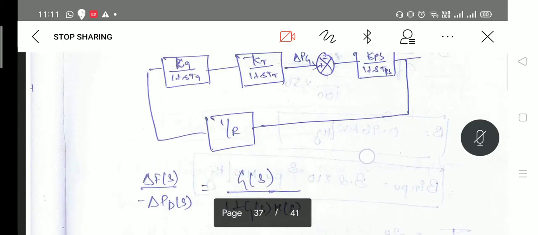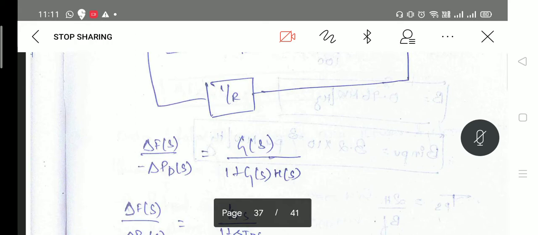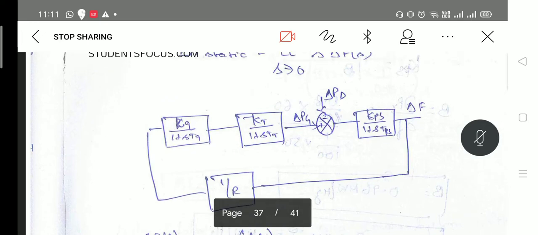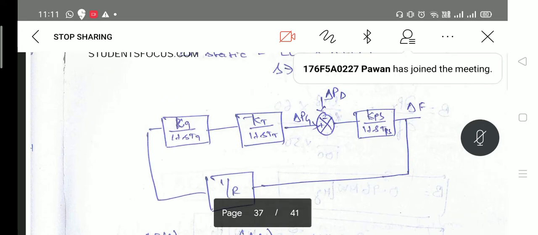1 by R is the speed governor. From this, delta F of s by delta PD of s is equal to, we know the formula for the negative feedback loop from control systems, G of s by 1 plus G of s H of s. All of these equations are in the form of a negative feedback loop.